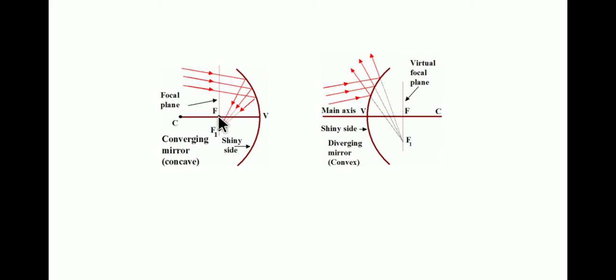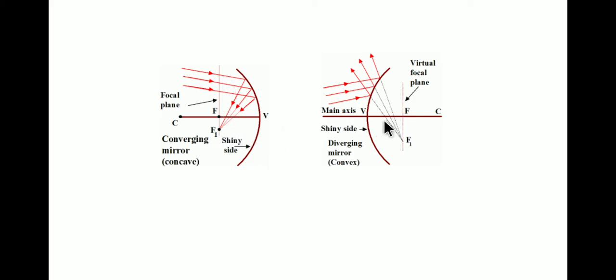It may intersect at the focus if it is parallel to the principal axis. If it is not parallel to the principal axis, then it may intersect at any point within this line. Actually, this is not a line, it's a plane. So within this plane, wherever the light rays intersect, the focus can lie in any part of that plane.